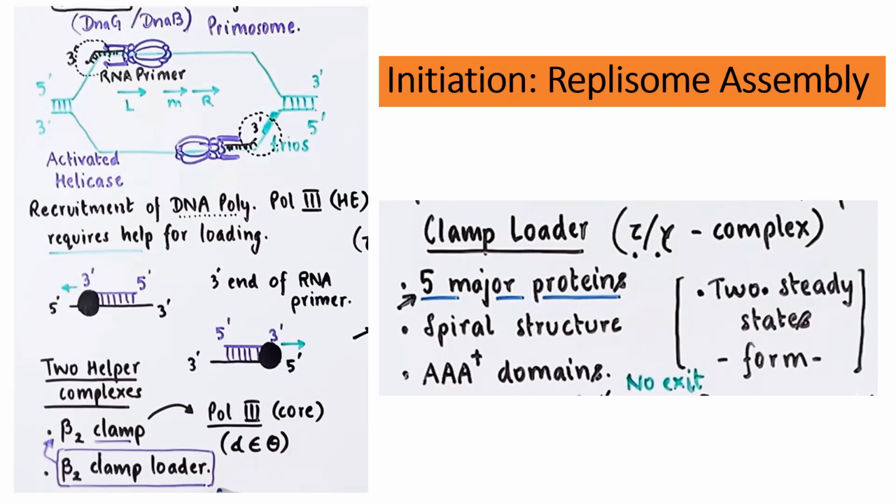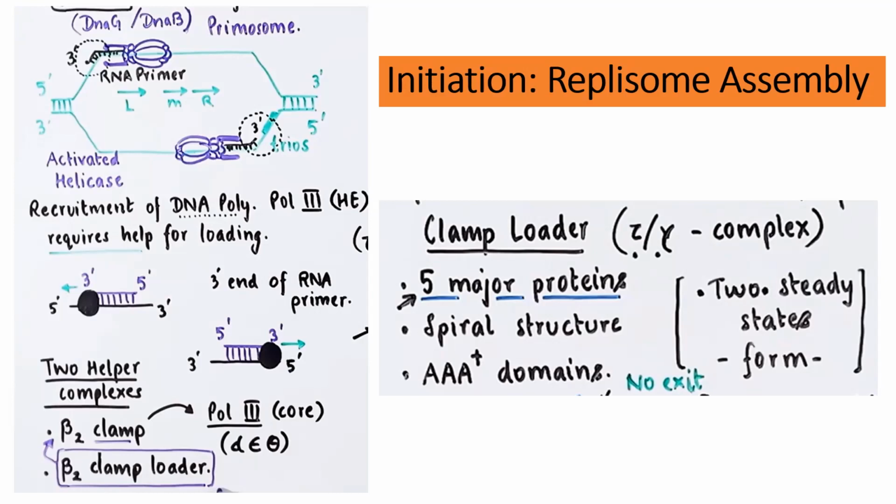The second helper complex is the beta-2 clamp loader complex, which loads the beta-2 clamp onto the RNA primer. This means that the clamp loader starts the process of polymerase loading. So let's start by discussing the clamp loader and how it loads the beta-2 clamp.